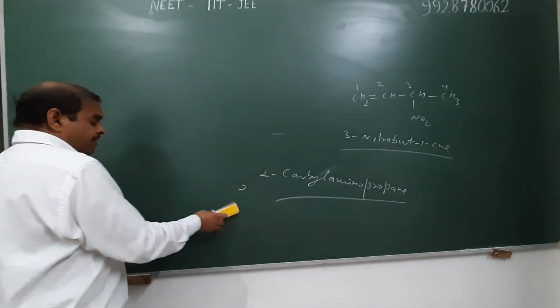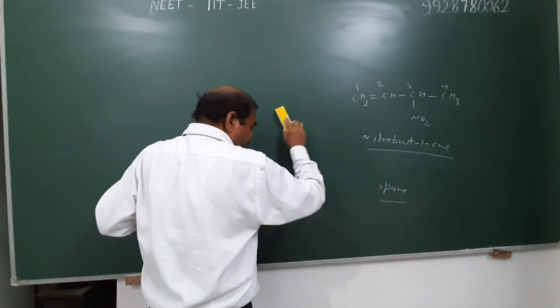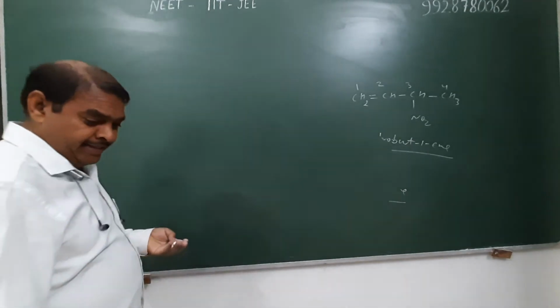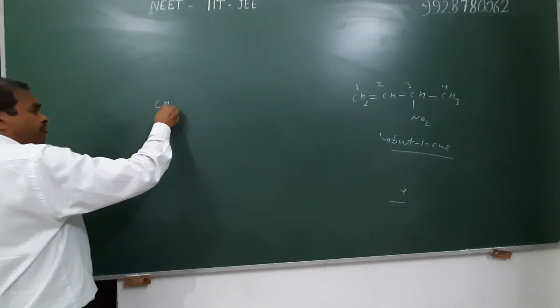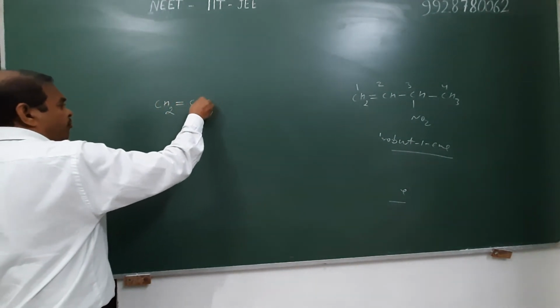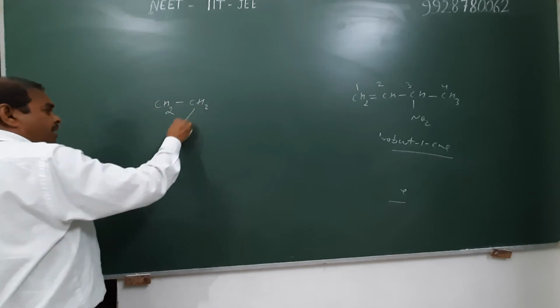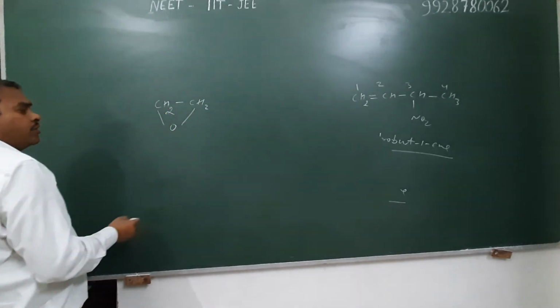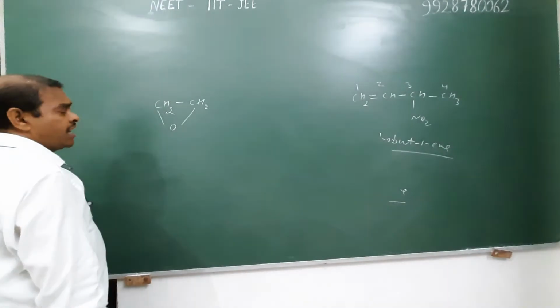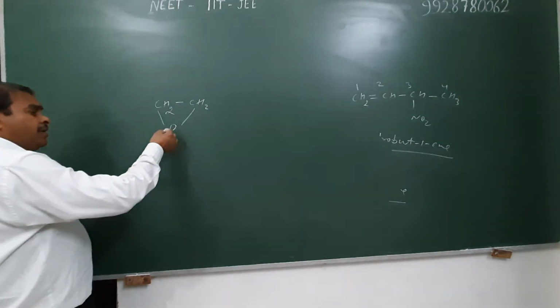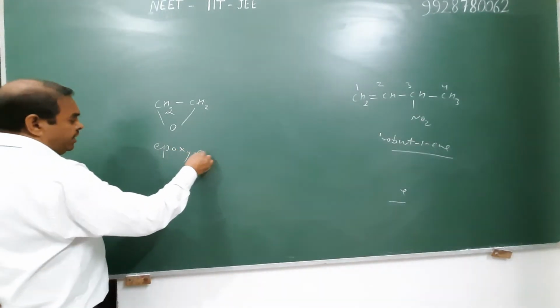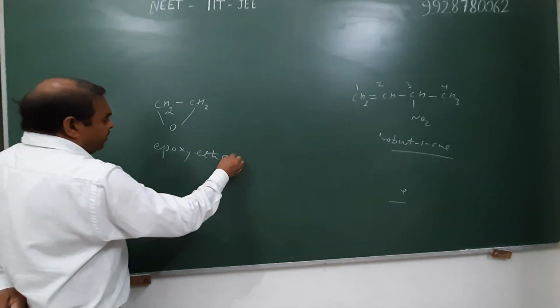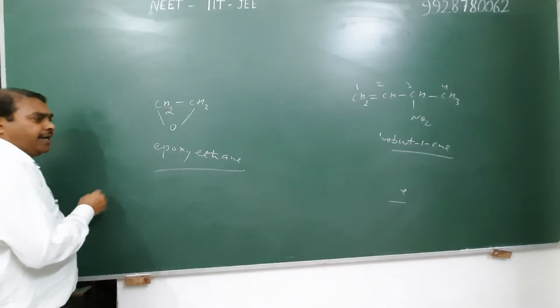In case of cyclic ether, we use epoxy as the prefix. For example, when a carbon-carbon double bond is replaced by O, such compounds are known as cyclic ethers, and their prefix is epoxy, and hence it is known as epoxyethane. That is its IUPAC name, epoxyethane.